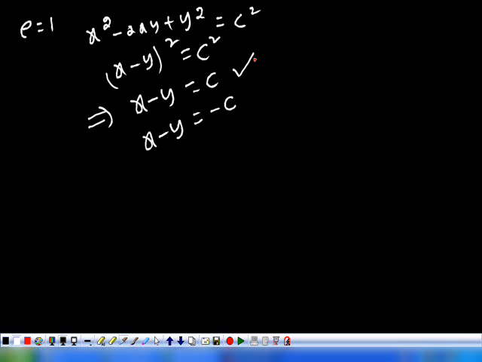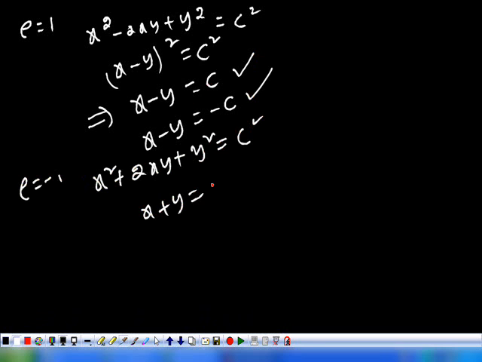Therefore, x and y are linearly related because c is a constant. Similarly, when rho is equivalent to minus 1, it is x square plus 2xy plus y square equivalent to c square. It is x plus y is equivalent to c, or x plus y equivalent to minus c. So again, both are linearly dependent.